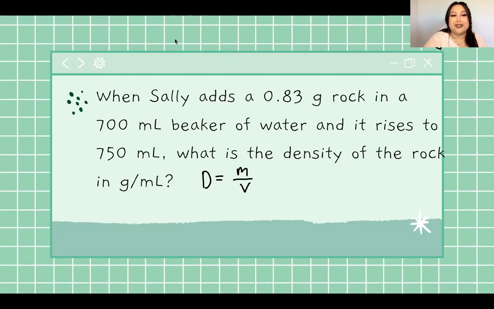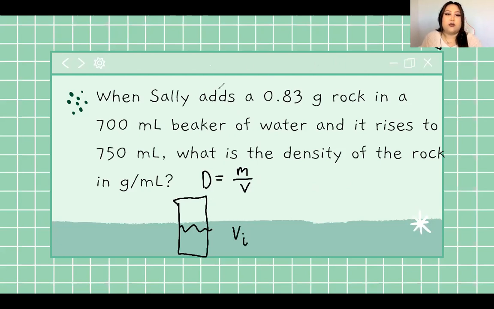Good question, Iris. Okay, so for the volume, for this problem, yeah, you're on the right track. So when you set up an experiment like this, you would have that beaker, right? And it already has a certain amount of water. So this is like the volume initial.